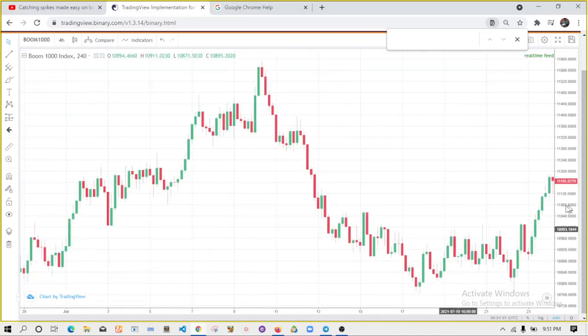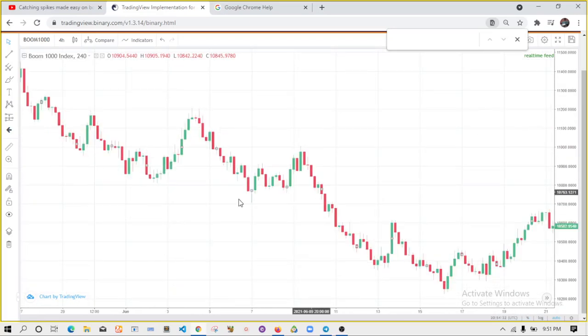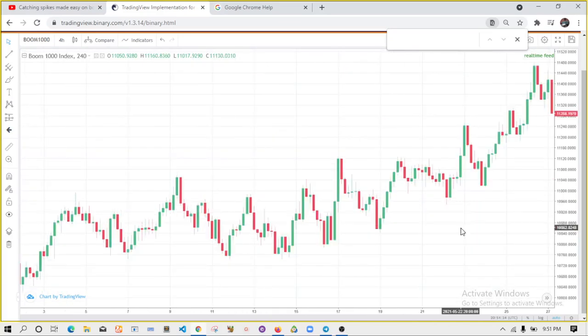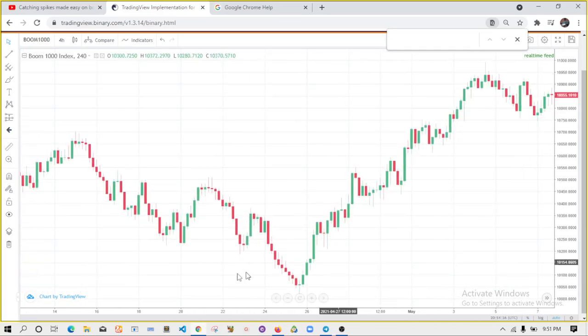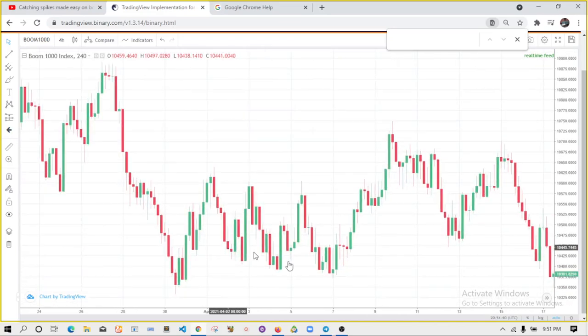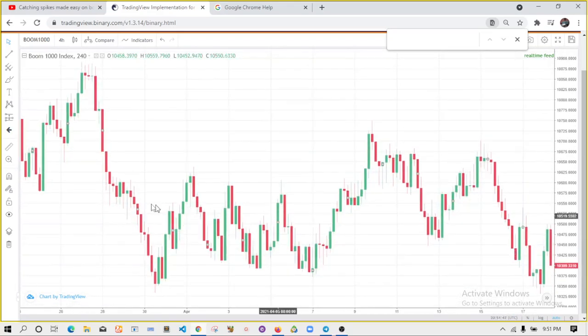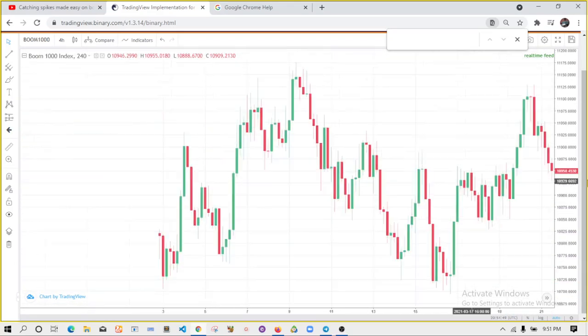Let's see, I just want to get a good one. This one is also a ranging market, but I want to get a perfect ranging where the price kind of ranges for a long period of time. I think you can still use this. Let me still check.